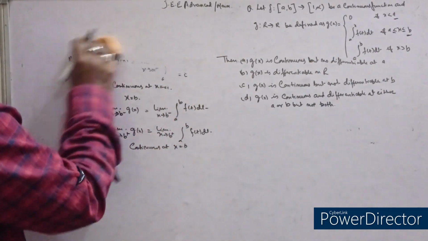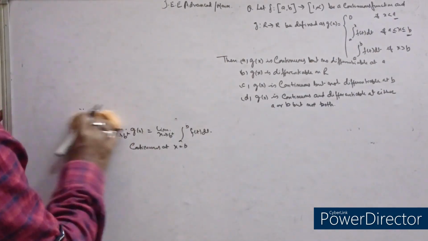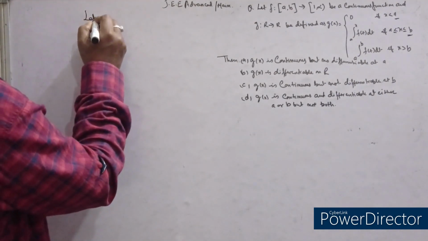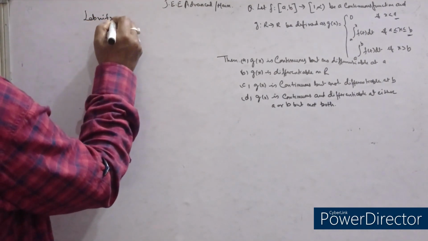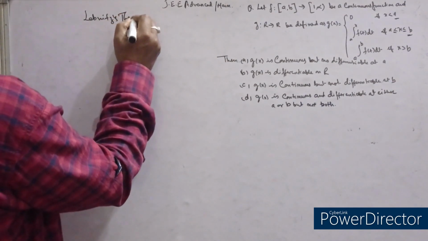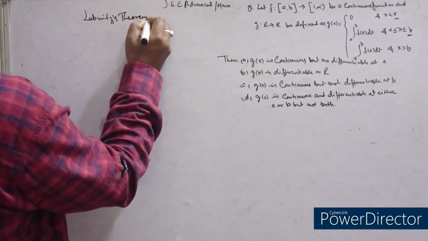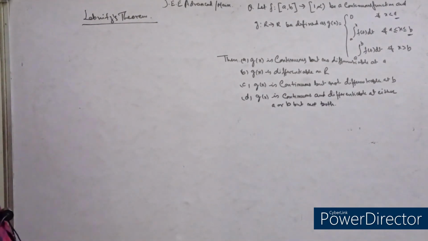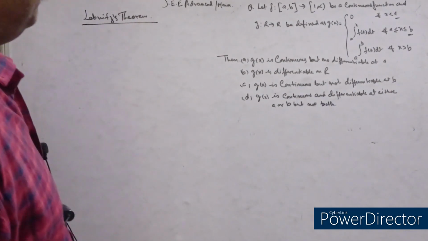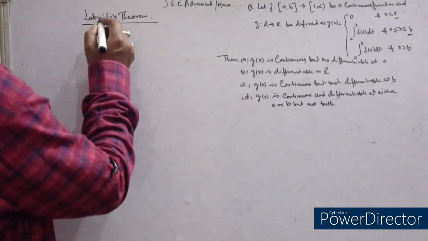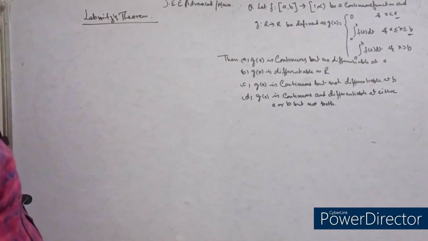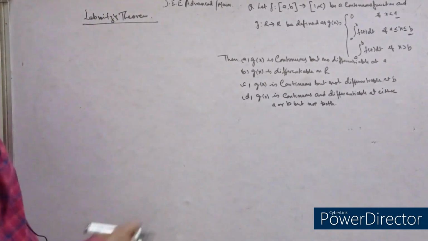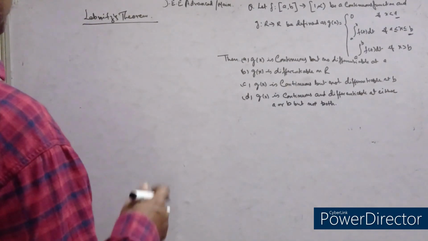For differentiability, we are going to apply the Leibniz theorem. This is not included in your class 11 or class 12 course in CBSE, but to solve this problem the Leibniz theorem becomes necessary.